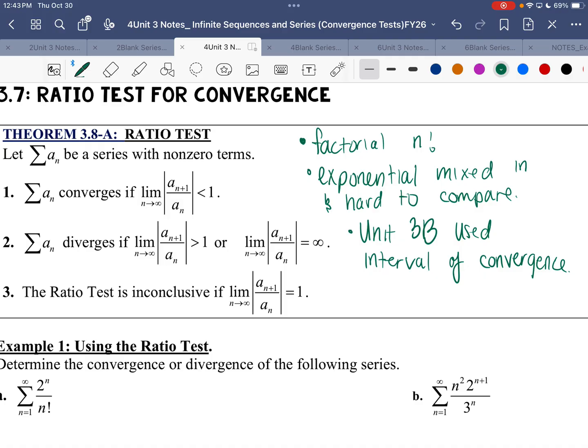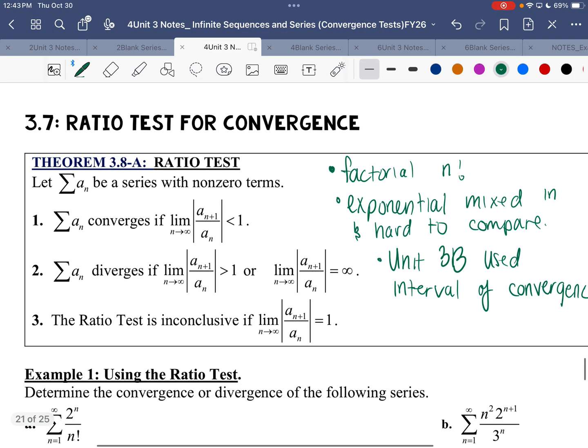Okay, so ratio test is pretty easy. You just take the limit of a sub n plus 1 divided by the original series, where if that limit is less than 1, then it's converging. And if that limit is bigger than 1, or obviously infinity is bigger than 1, then it's diverging.